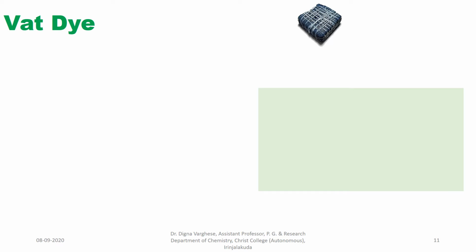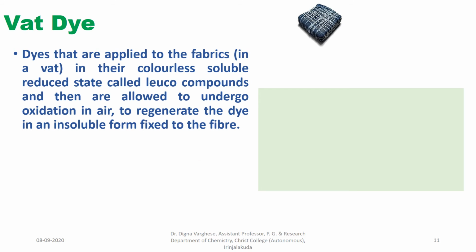Another one is vat dye. Vat dyes are applied to the fabrics in a vat in their colorless soluble reduced state called leuco compounds, and then are allowed to undergo oxidation in air to regenerate the dye in an insoluble form fixed to the fiber.